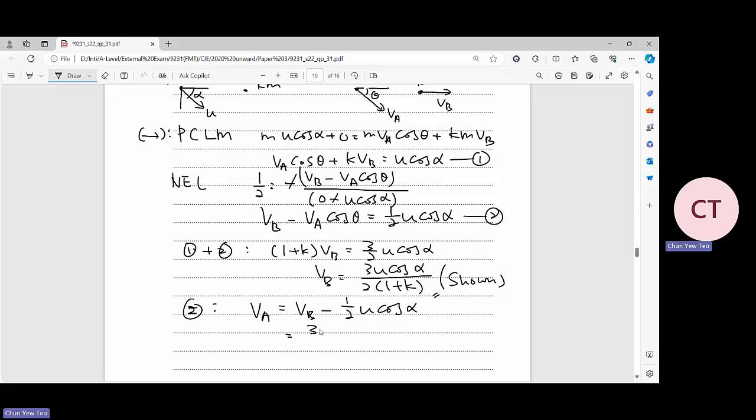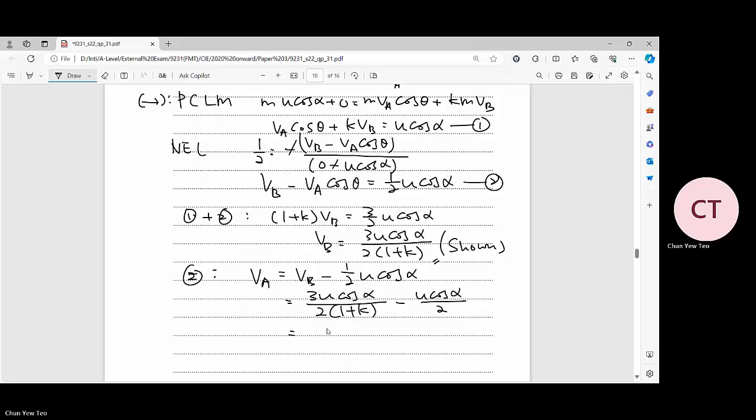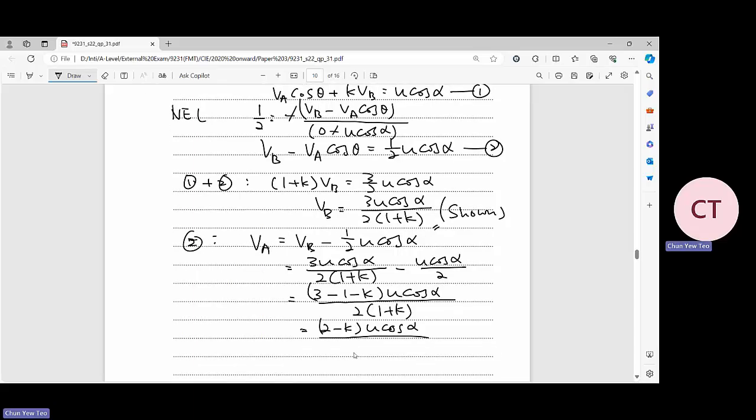So it will be 3u cos alpha over 2(1 plus k) minus u cos alpha over 2. So you get 3 minus (1 plus k), which is (2 minus k) u cos alpha, divided by 2(1 plus k).